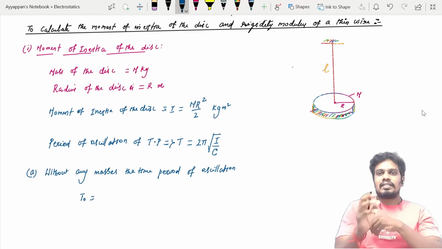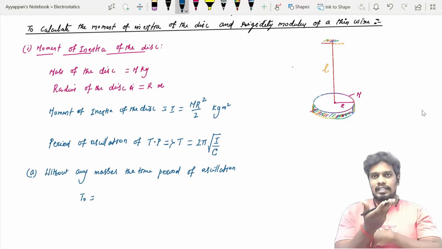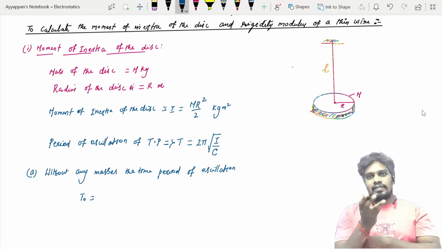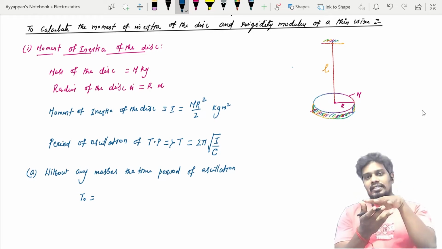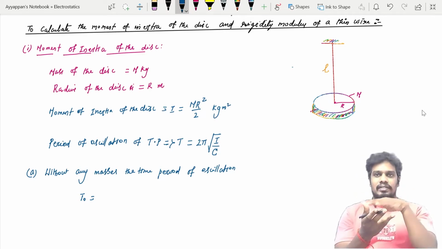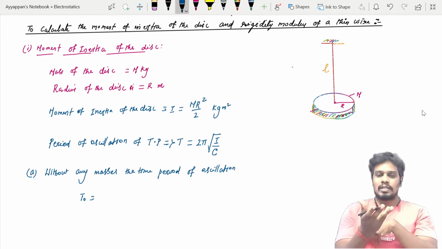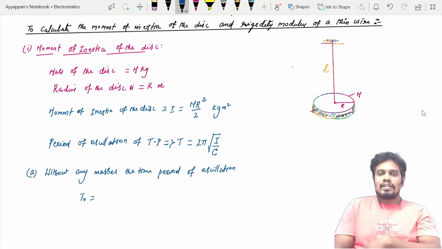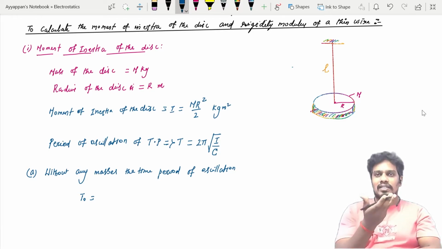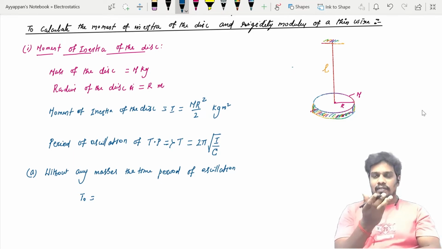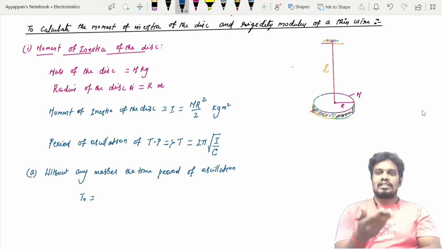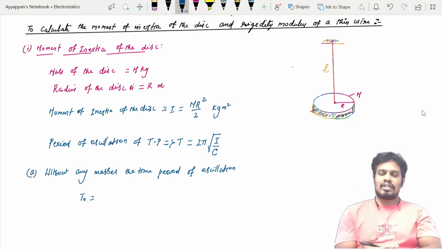That means it is an empty disk that we oscillate; the disk won't have any extra mass. For the time period of oscillation, we have to oscillate for 20 oscillations and repeat 6 or 10 times. So for 20 oscillations, if you repeat 10 times, we can find the period of oscillation.